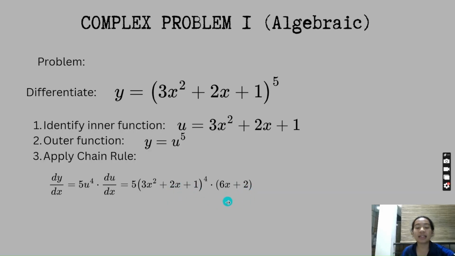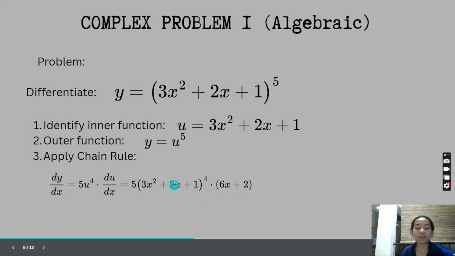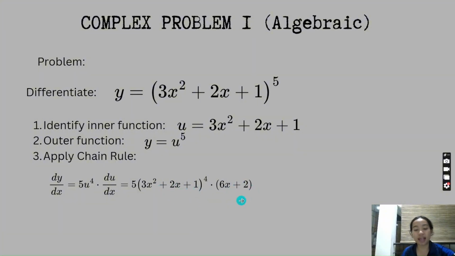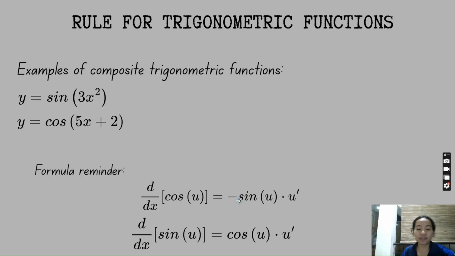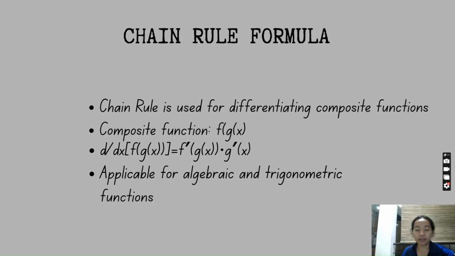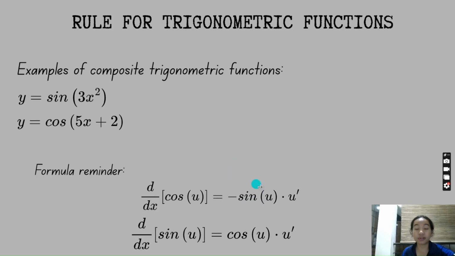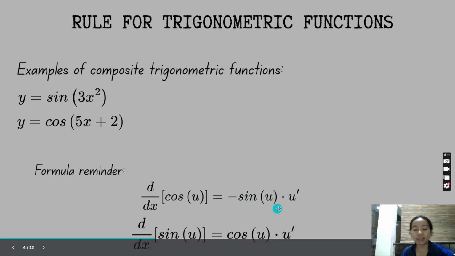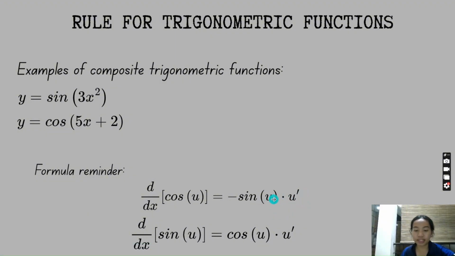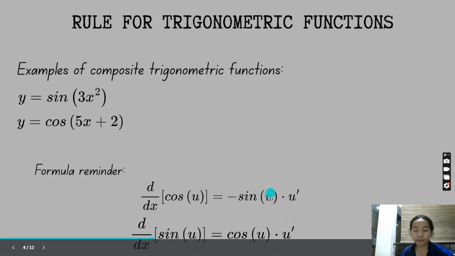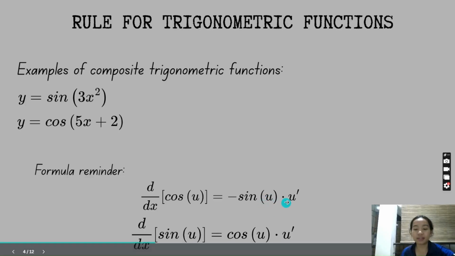So basically, the derivative of 3x squared plus 2x plus 1 is 6x plus 2, and that satisfies our formula f prime of g of x times g prime of x, which could also be expressed as u and the prime of u, where the inside function is derived.